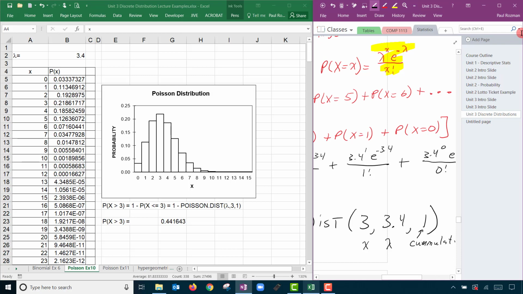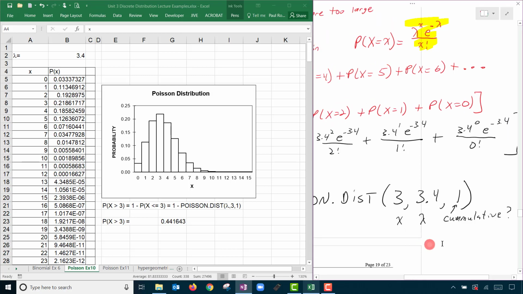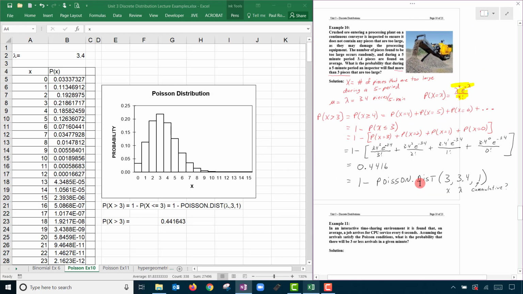Here's the same question. I put lambda here, 3.4, and then I did Poisson.dist for each one. I did probability of getting 0, probability of getting 1, 2, 3, 4. Again, the syntax is x, lambda, and then cumulative or not cumulative.